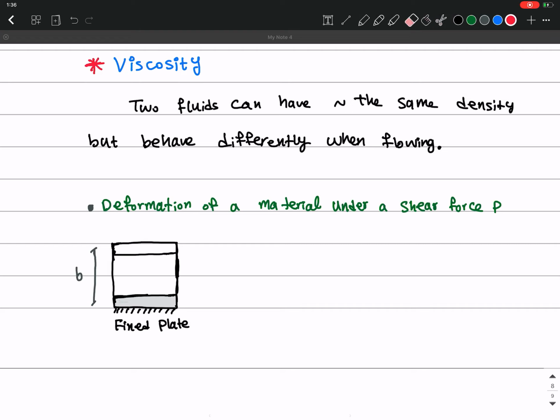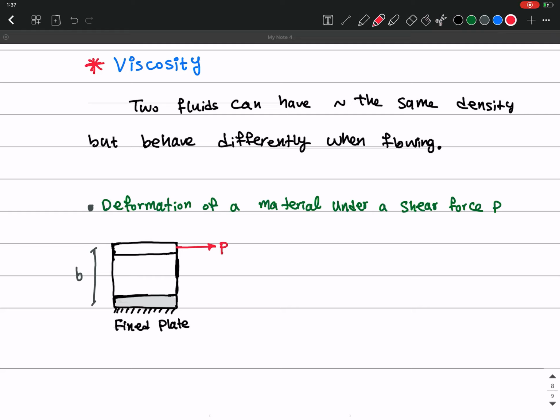Exert a shear force P here. So I am going to exert a force here. Okay.